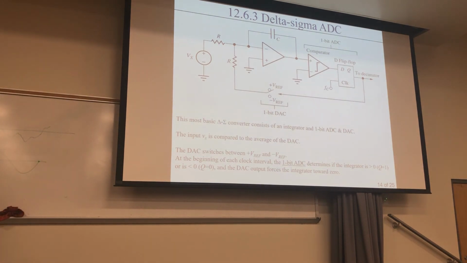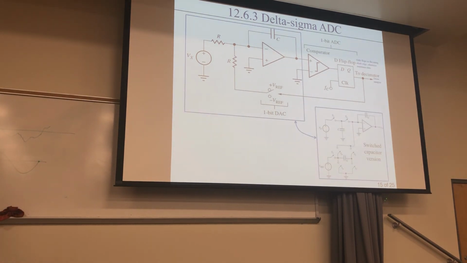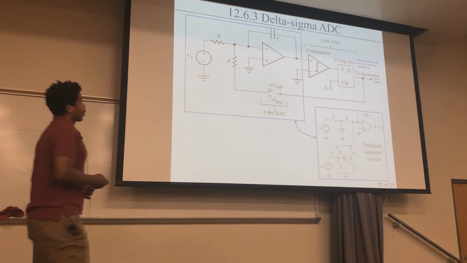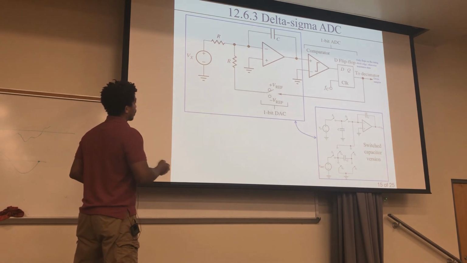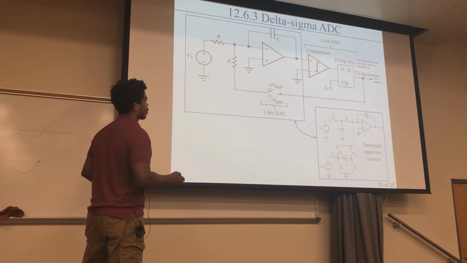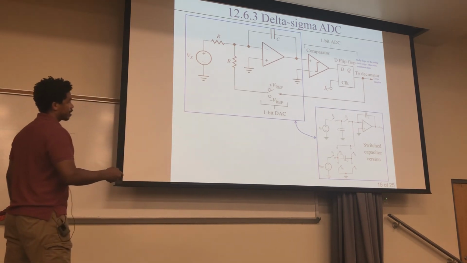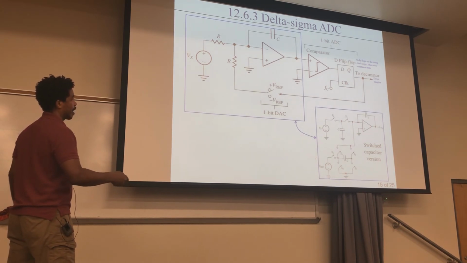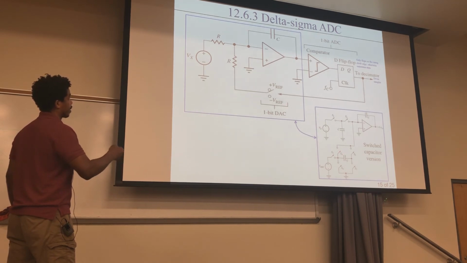So it's not super fast, but it's really quite useful for many things, as we mentioned before. So this right here can be replaced with the switch capacitor version, where this section right here is that, and this portion down here with these switches corresponds to this right here.